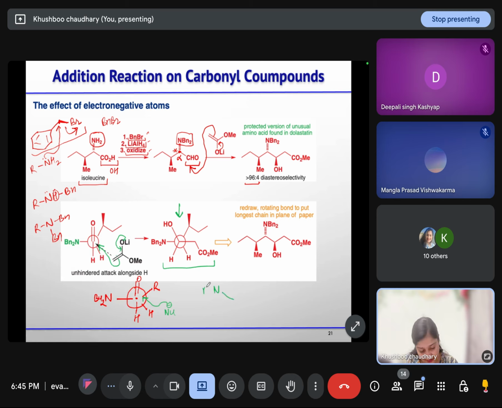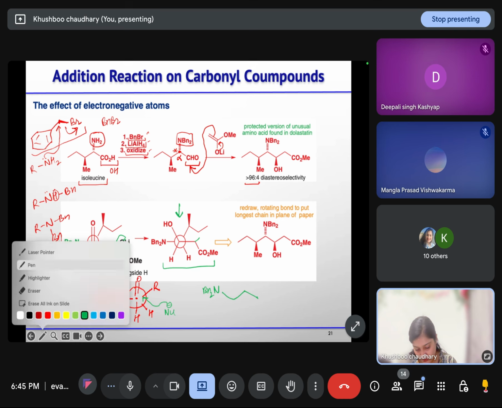So this is NBn2, and here is your... here they missed the hydroxyl group. No, this is fine.